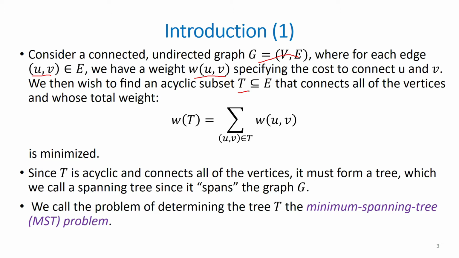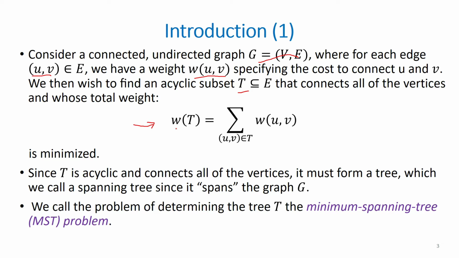In other words, the sum of the weights of the minimum number of edges needed to connect all the vertices in the graph G should be minimum among all possible ways. Putting it mathematically, this is what the expression would look like.